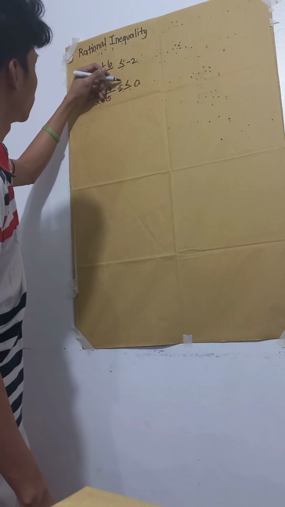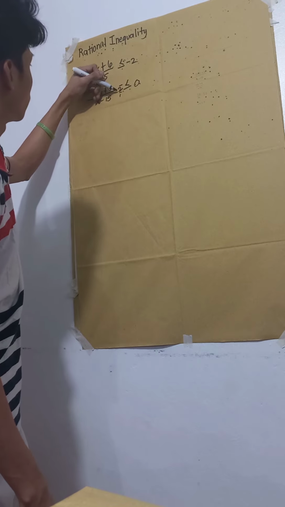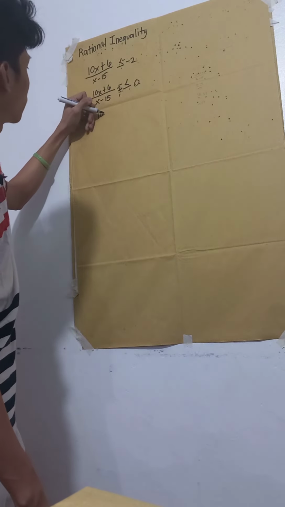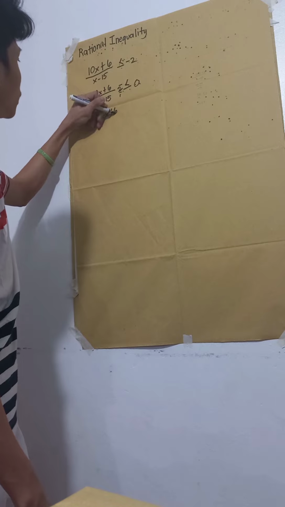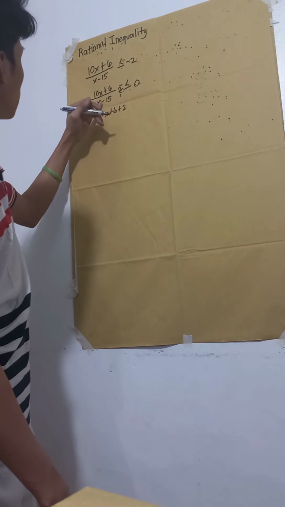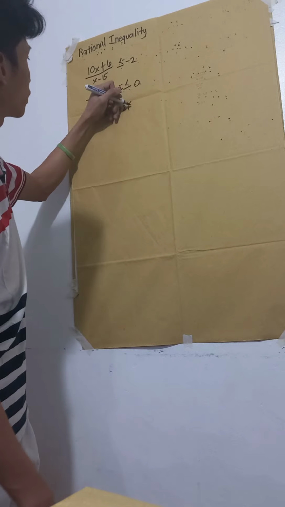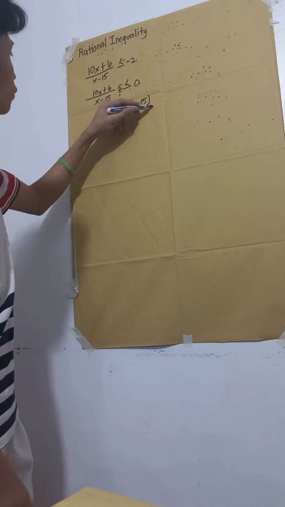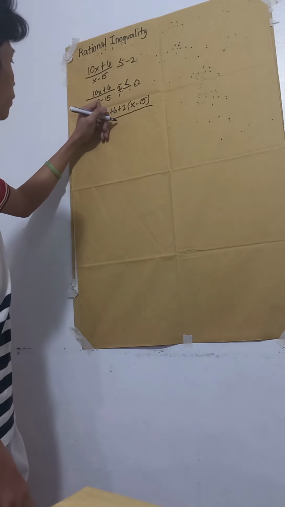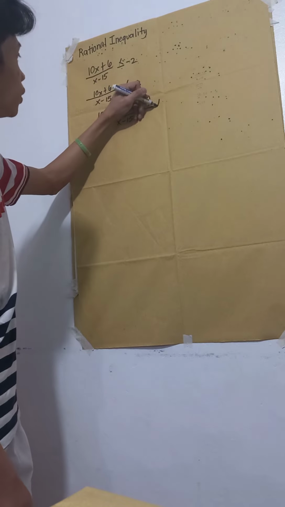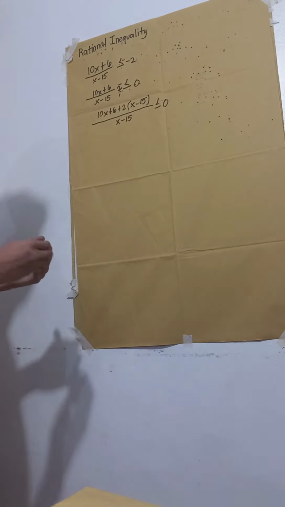That would be 10x plus 6 plus 2 multiplied by the denominator, which is x minus 15, over the copied denominator, x minus 15, less than or equal to 0.